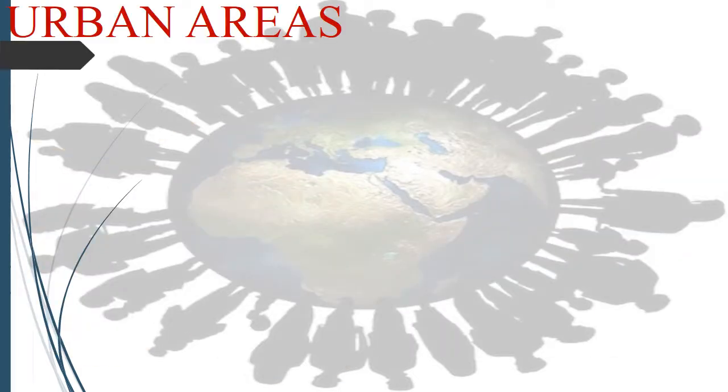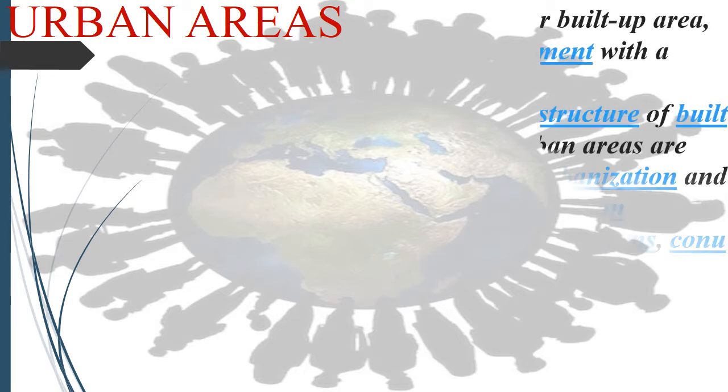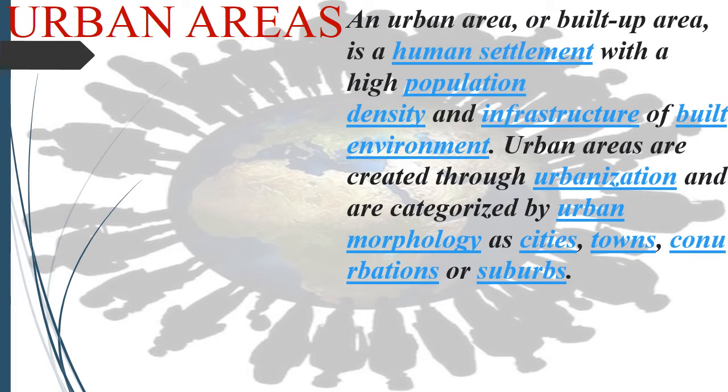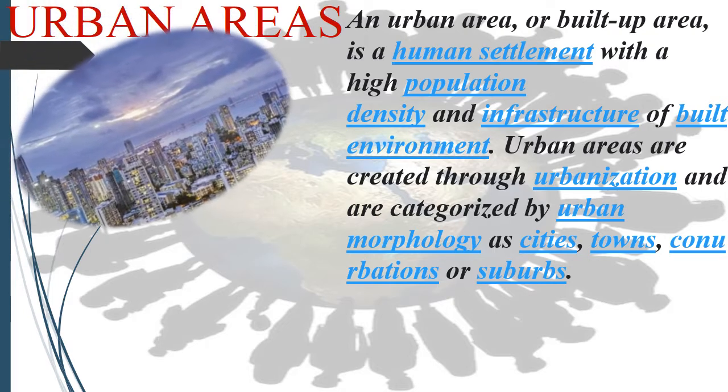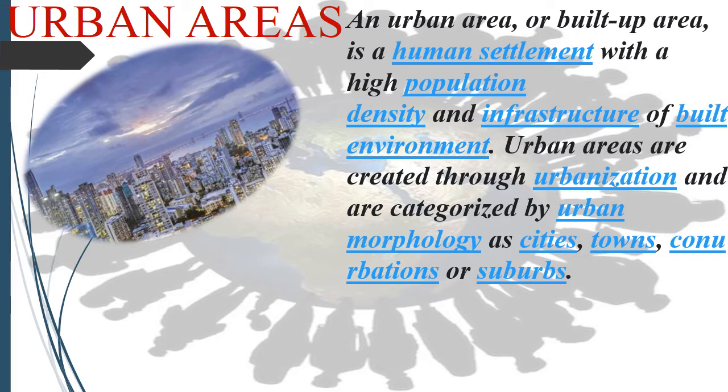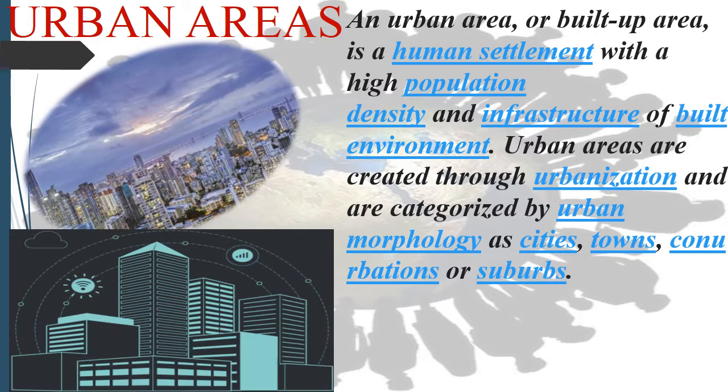Now we are moving to the urban composition. Urban areas generally have higher population density. People living in these areas are usually engaged in secondary and tertiary activities such as trade, transport, services, etc. There are better facilities for education, healthcare, transport, and communications.